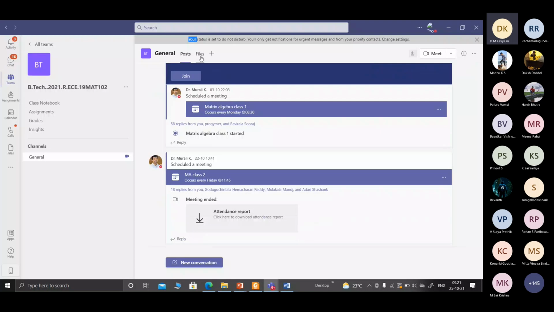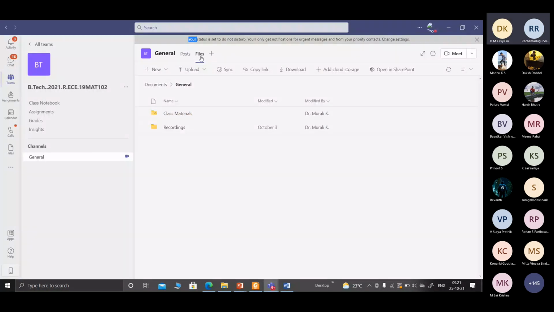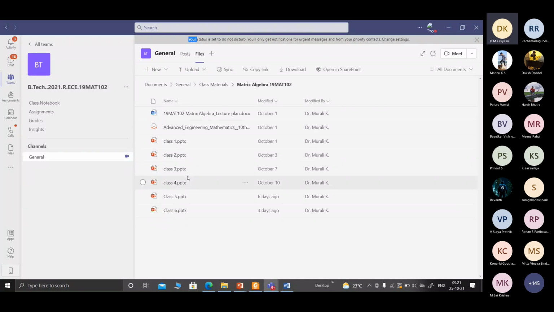Sir, in the calendar, on the left side, today's class is not added. The calendar is on the left bar, sir. One second, I'll show you the files. Class material, matrix algebra. All the classes are there, 1 to 7. Today is the 7th class, I'll put it here.